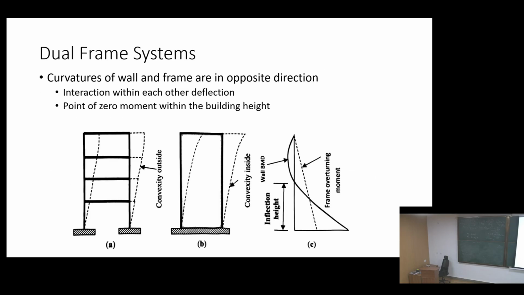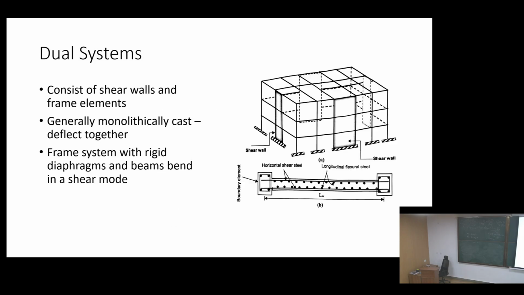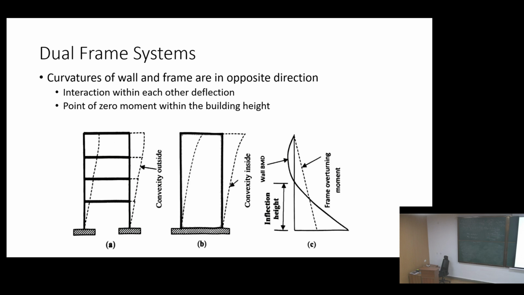Just because of the duality of the system, by duality, you mean you have a very rigid shear wall system, which is very stiff. And the frame is also stiff, but not as stiff as the shear wall. You have different curvatures that you have to deal with when a building is deflecting, right?